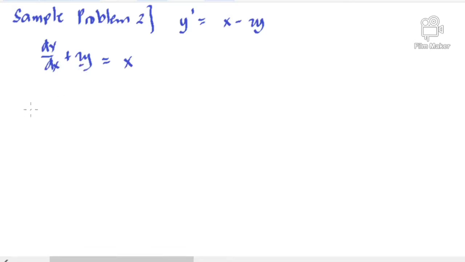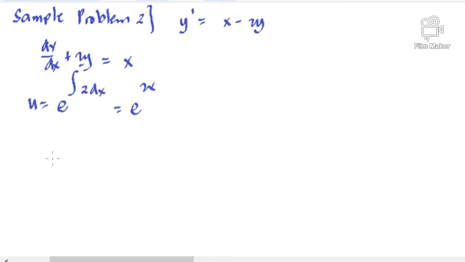So, therefore, kukunin natin yung kanyang integrating factor which is u is equal to e to the, ano ulit? 2 dx. And that is what? Ano yung integral niyan? That is e to the, correct? That is e to the 2x. Okay?